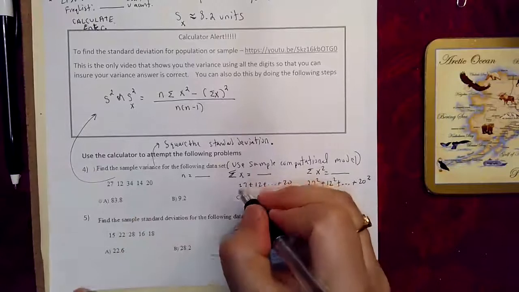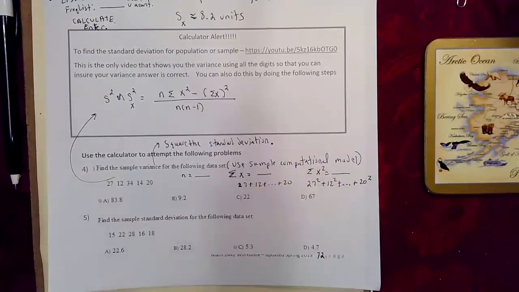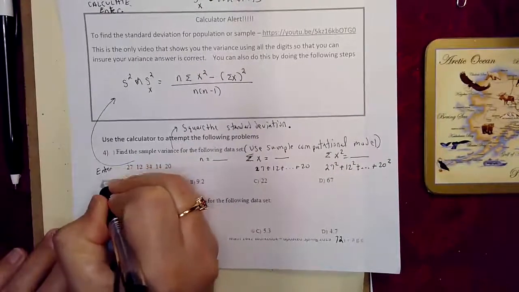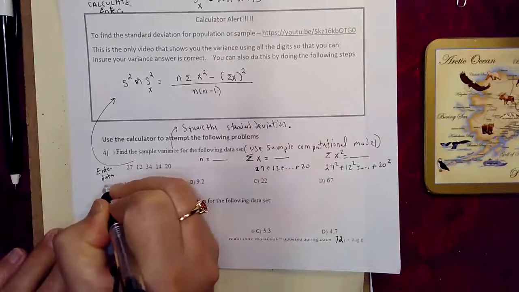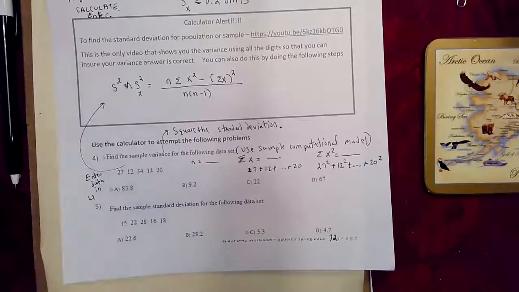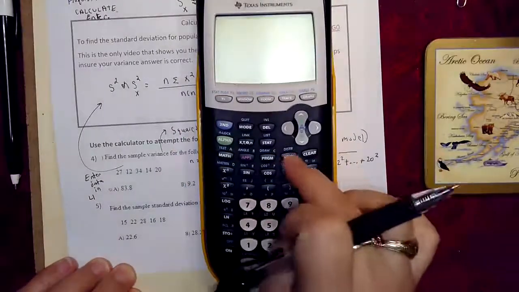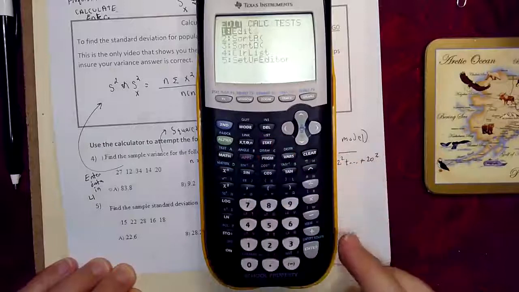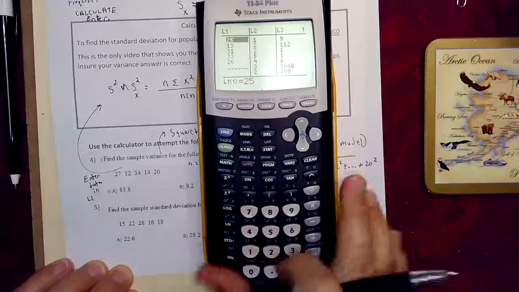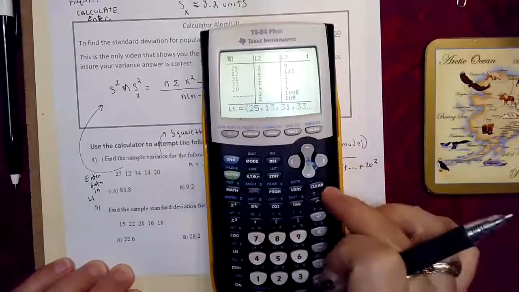Okay, so you're going to enter your data, again in L1. Let's go back to stat. Turn the thing on. Stat, Edit, one Edit. Go up to the top. Clear.